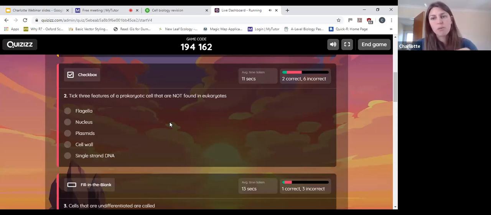Just challenge yourself that way without putting it in the chat. So those 3 features of a prokaryotic cell that aren't found in eukaryotes: flagella, nucleus, plasmids, cell wall, or single-strand DNA. 3 of those.